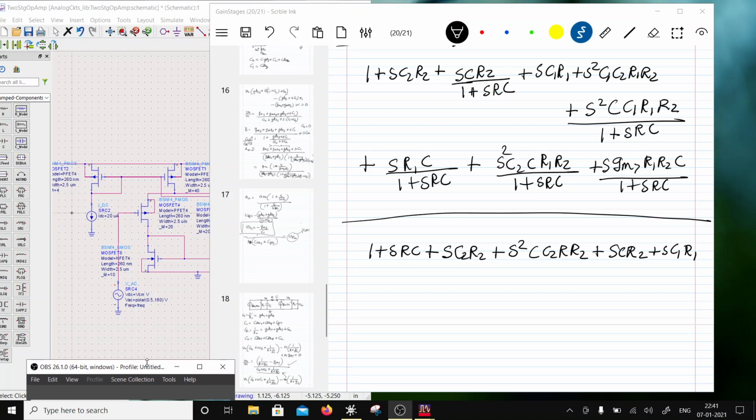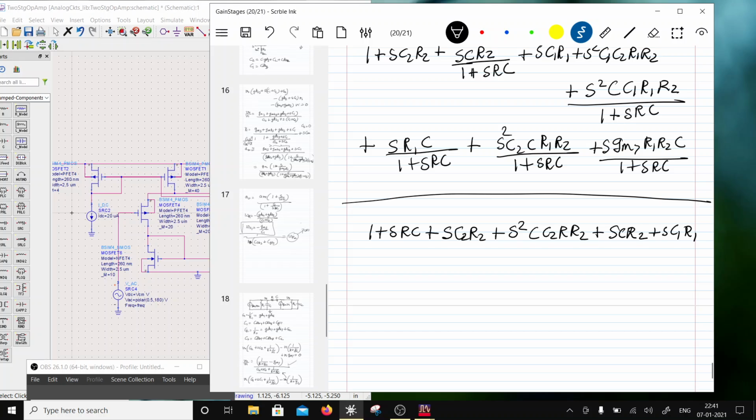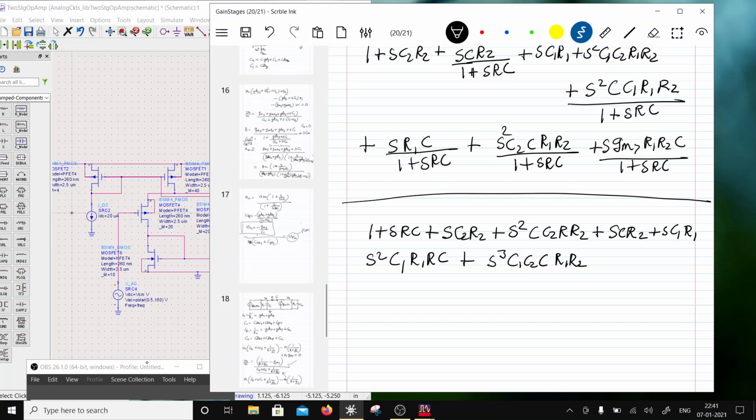Okay, this will be difficult for people to follow, right? Then you will have S square C1 R1 RC plus, this is going to be a cube term, S cube C1 C2 C R1 R2, okay, plus the same term S square C1 C2 R1 R2.